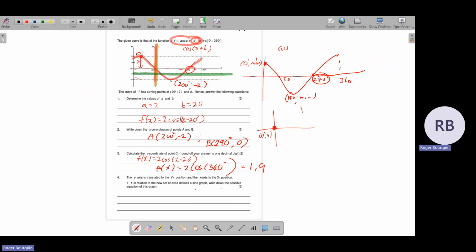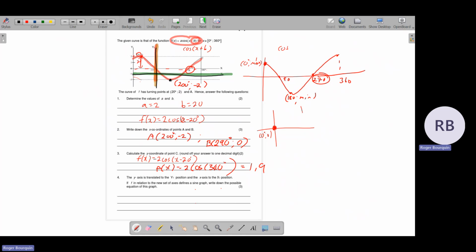Okay, so what have we really got here? We've got a sine graph. They're my axes. This new minimum, what will this be on the new axis? What is this value here? 110? Yes.